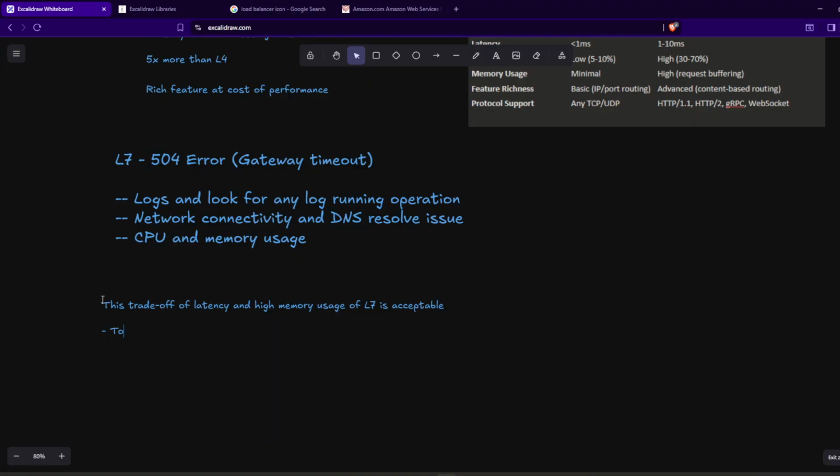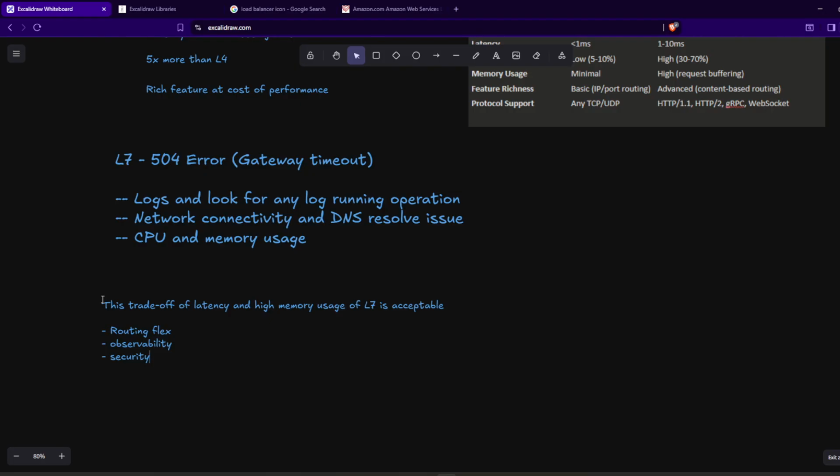For example, based on this we get routing flexibility, and then we get a lot of observability as well, like what is the main request that is coming. If we only use L4, that doesn't even inspect the payload, so we don't even know what is coming through. And based on this we can also put in additional security.